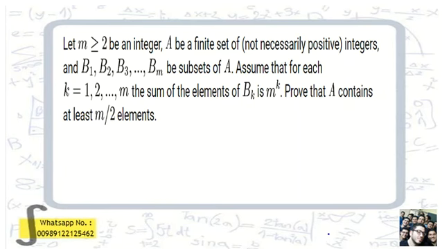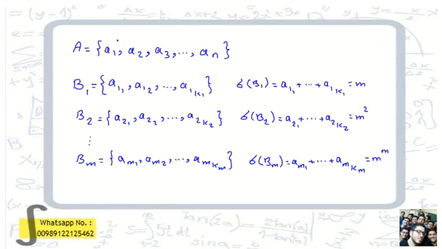So let's check the problem here. We can say A equals a1, a2 to an, and B1 to Bm are subsets of A. So B1 equals a11, a12 to a1k1, B2 equals a21, a22 to a2k2, and Bm equals am1, am2 to amkm. Sigma of B1 is the sum of them.